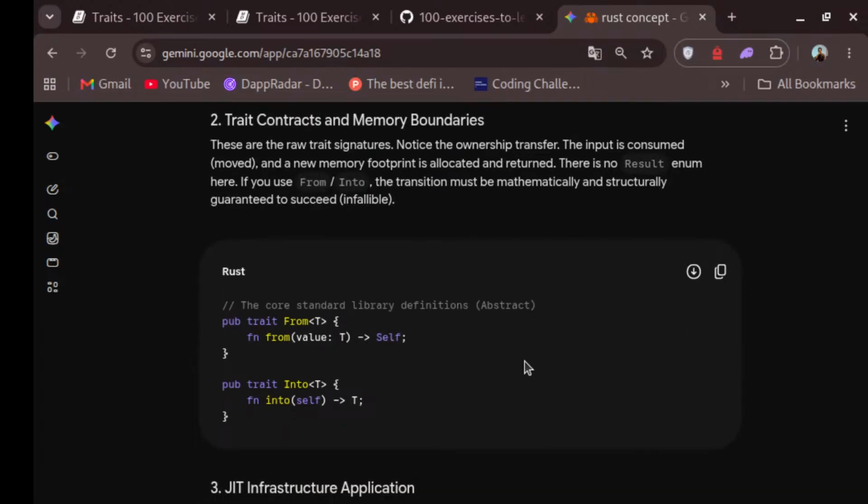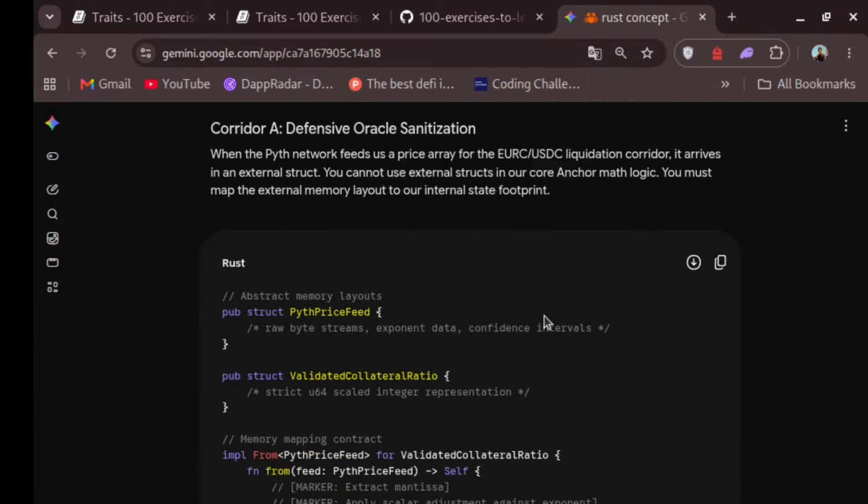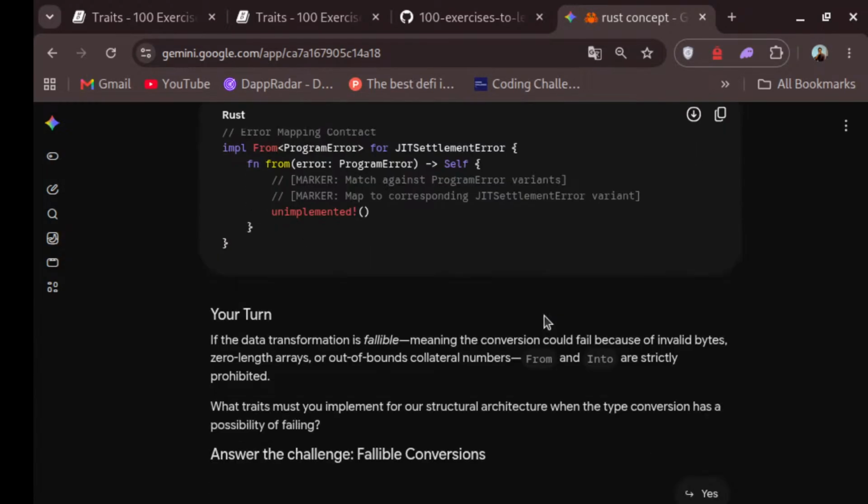Okay. So they use a From trait bound. Why From, the core definition abstraction from the trait bound. I think they give lots of garbage things.